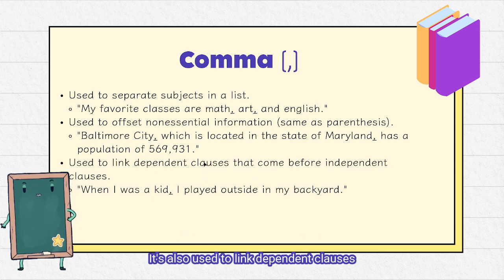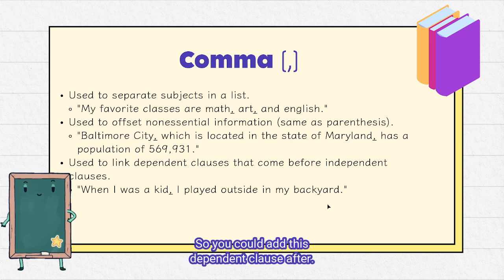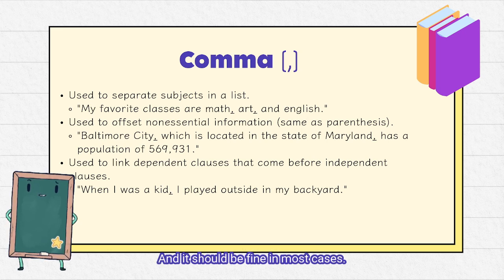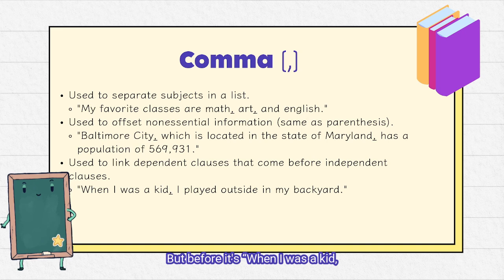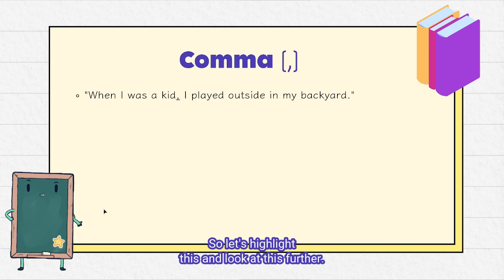It's also used to link dependent clauses that come before an independent clause. So, when I was a kid, I played outside of my backyard. You could add this dependent clause after, and it should be fine in most cases. But before, it's: when I was a kid, comma, I played outside of my backyard. So let's highlight this and look at this further.